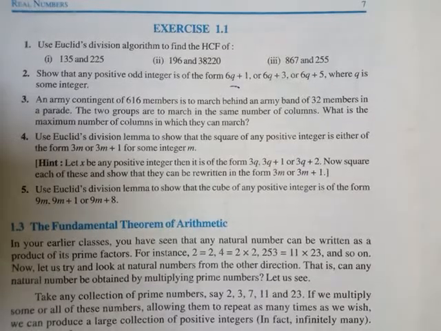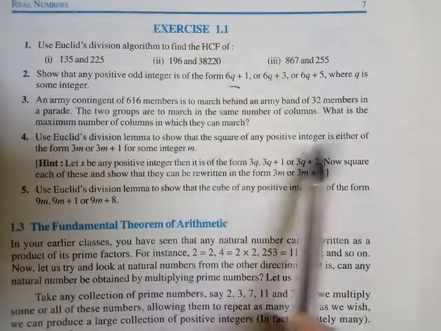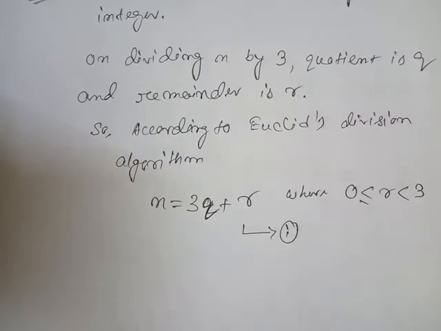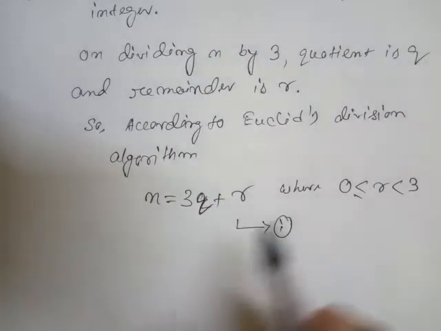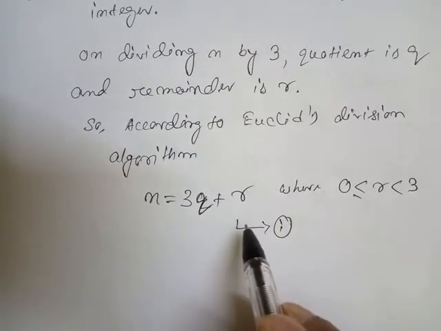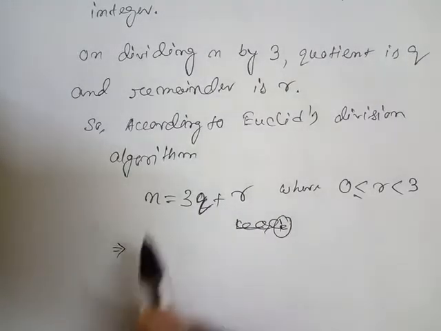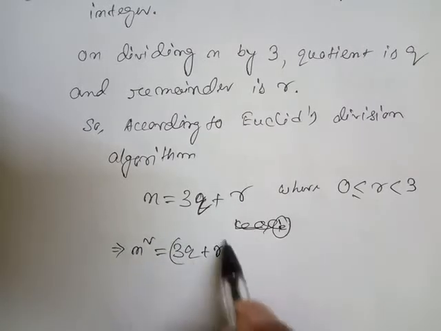Students, look here. In question number 4, it is mentioned to show that the square of any positive integer, which means square of n. Here I would like to square both sides. If I strike out equation 1 and give it after squaring, it will be much better. So squaring both sides means n square equals 3q plus r whole square.